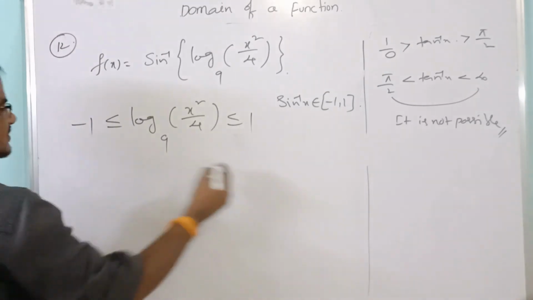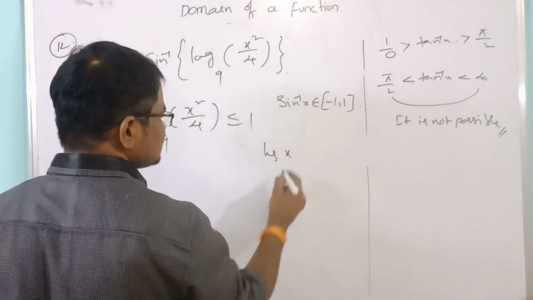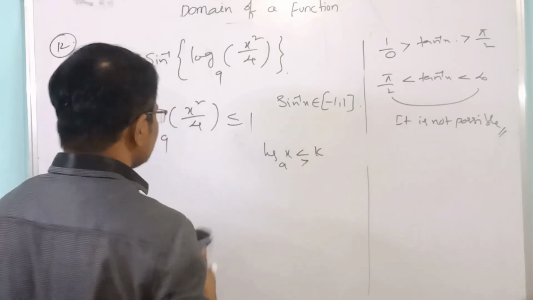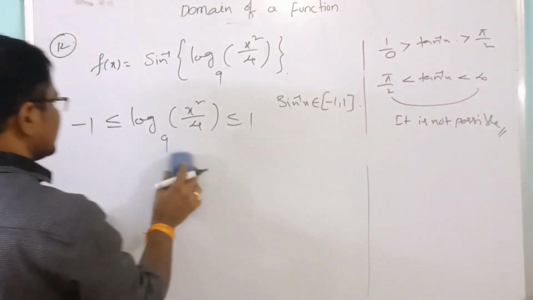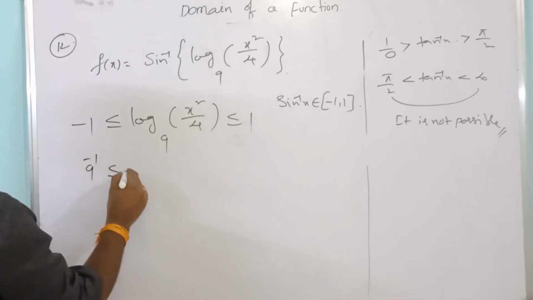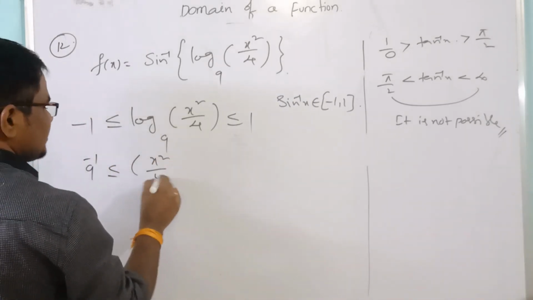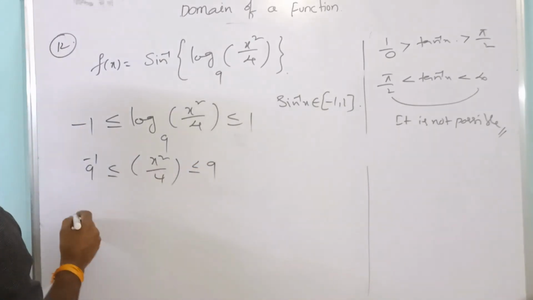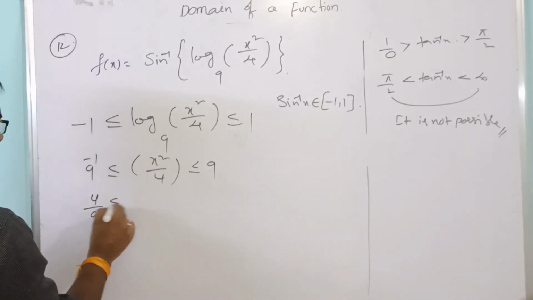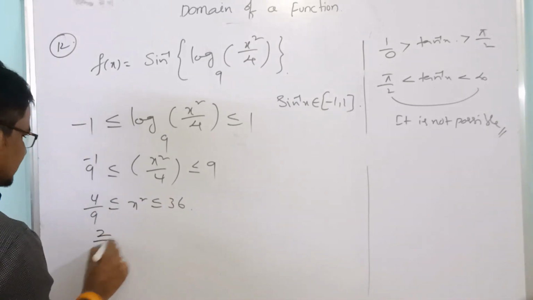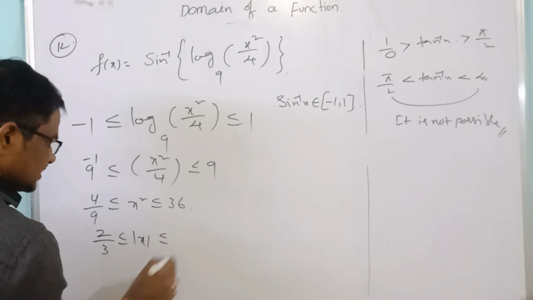Now if you apply log x to the base a less than k or greater than k, here a is greater than 1 only, so the inequality will not change. So 9 to the power of minus 1 less than or equal to x square by 4 less than or equal to 9. Multiply with 4: 4 by 9 less than or equal to x square less than or equal to 36. 2 by 3 less than or equal to mod x less than or equal to 6.